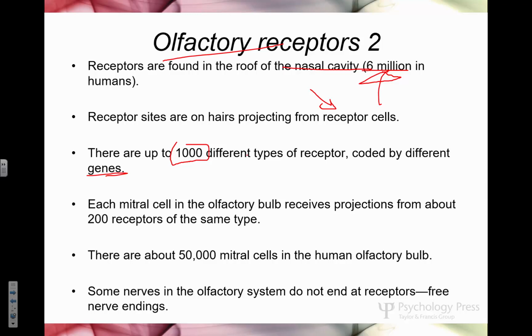So different genes code these different types of receptors. What's even more amazing is you can identify about 10,000 different odors, right? So out of those 1,000 different receptor types, you can identify 10,000 different odors.